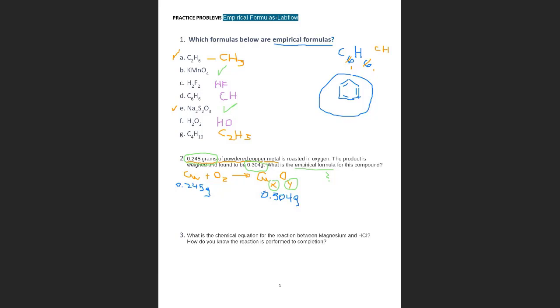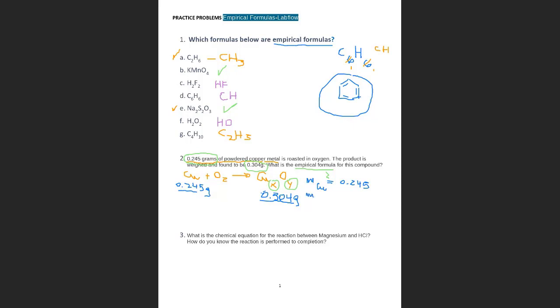Exactly, very good. This is the mass of oxygen because it's the difference between the mass of the product minus the mass of the copper. So the mass of the copper in the product is going to be the same mass that I started with originally. So the mass of the copper is going to be 0.245. And what is the mass of the oxygen? I calculated as you did.